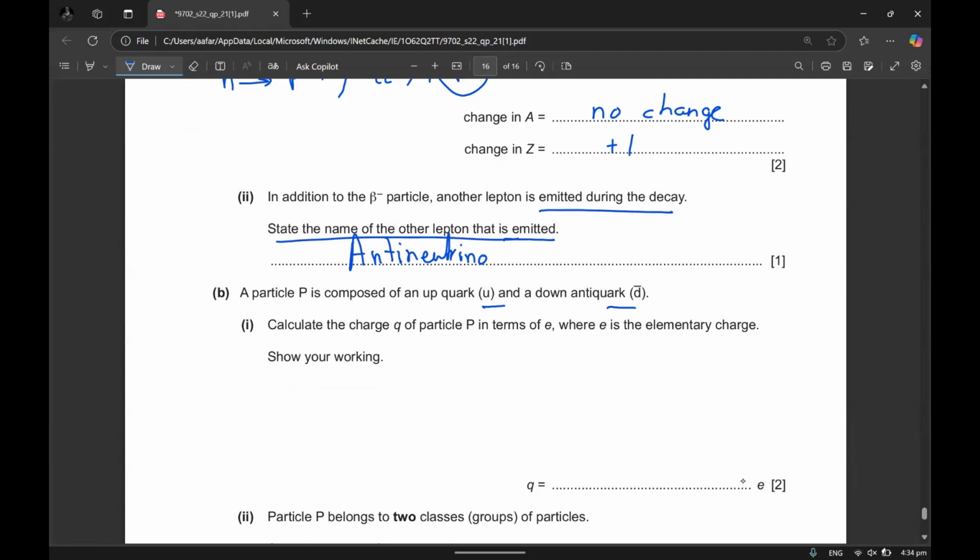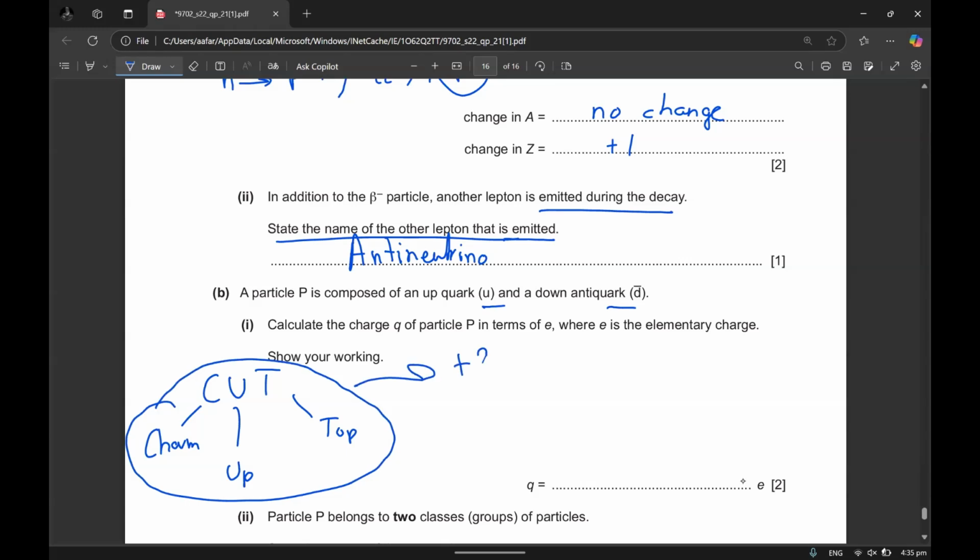So working: the easiest way to remember charges is basically the short form 'charm, up, top'. All of these have a charge of positive 2/3 elementary charge. And all the other quarks, which are down, bottom, strange, these are the only ones left in our syllabus.